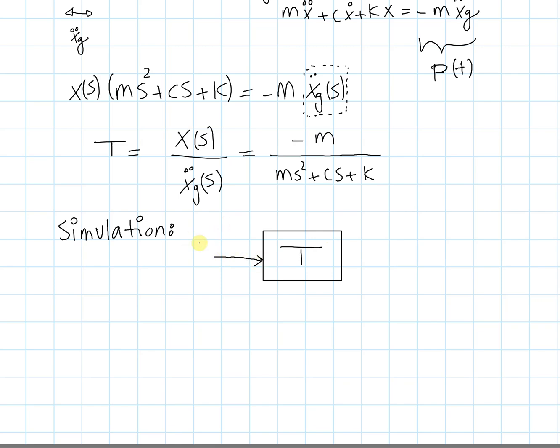It could be a sine, it could be a cosine, anything you can imagine, p(t), and then I will get my output, which is x(s) or x(t). It's not going to really matter. We call that the transfer function, and we call this method the Laplace transform.